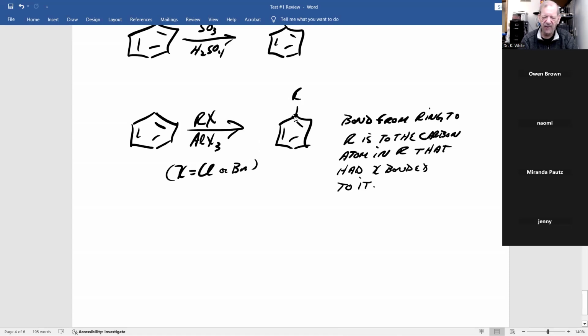And the bond from the benzene ring goes to the carbon in the R group that had the halogen on it. That's important. If you put it on a different one, I'll mark it wrong.